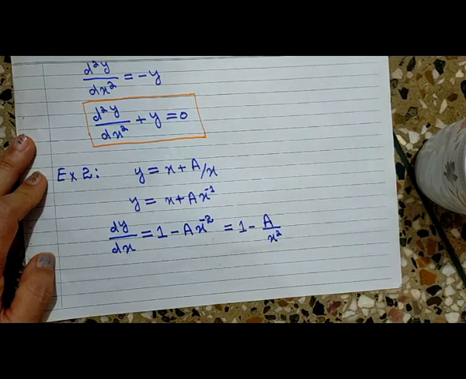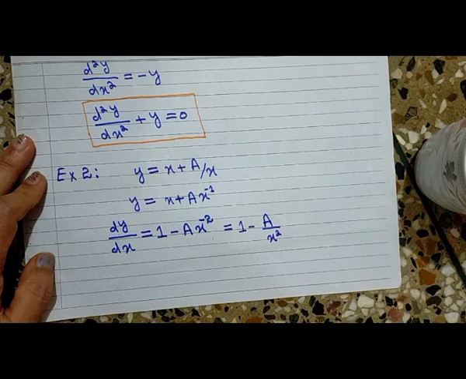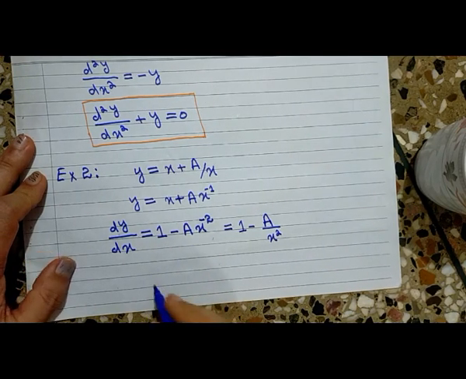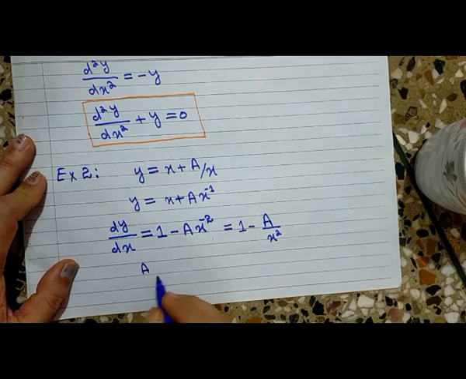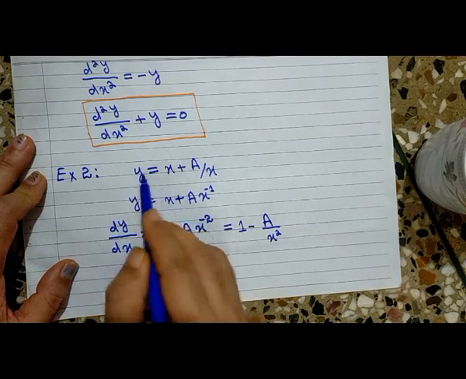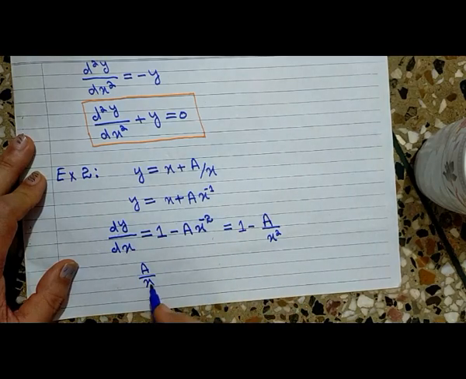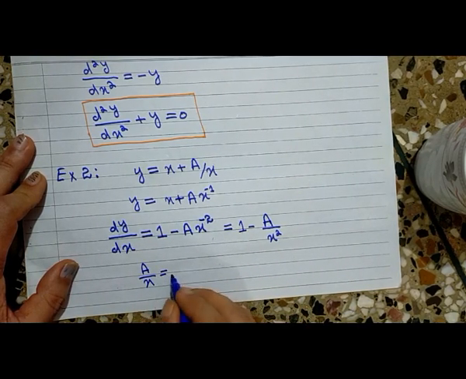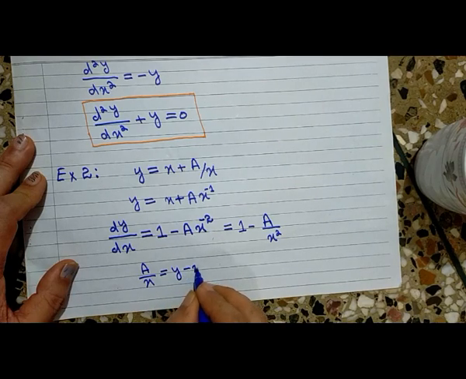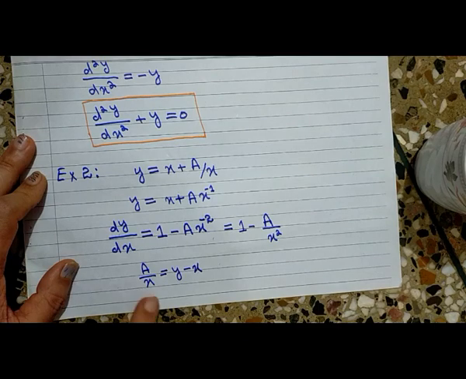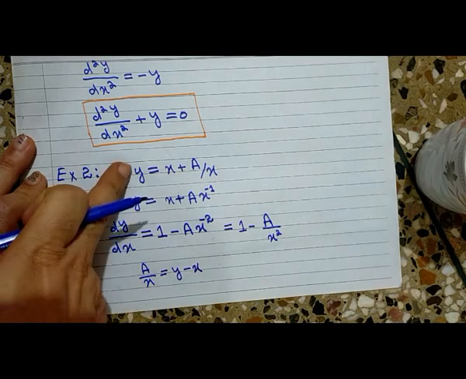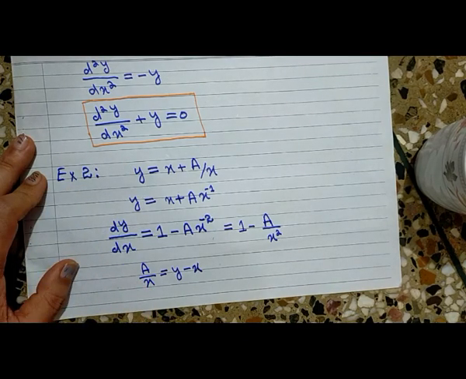Well, from the given equation, we can see that a by x, from this given equation, we can write a by x equals y minus x. Pause our video in here and just try to obtain this from this one. You will be able to easily do this.